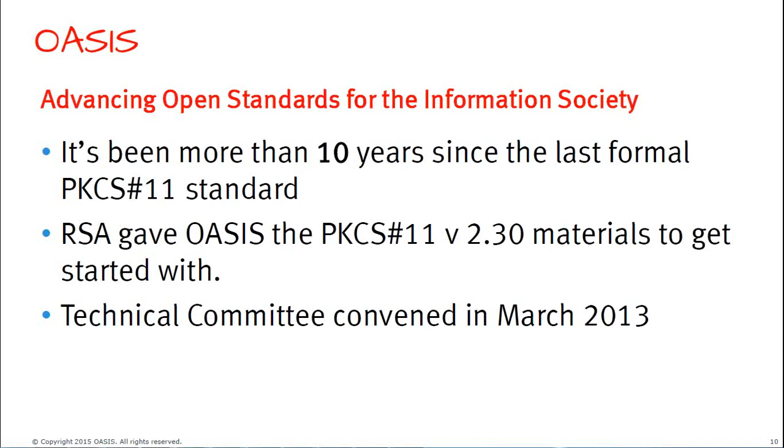We had recognized that OASIS represented really one of the most important standards organizations, and the one that we felt would help us most effectively bring about a strong industry consensus around this standard. It had been more than 10 years since we had 2.20, and so it was very important to get it moving again. And although 2.3 had never been ratified as a standard, the work that we had done in that version, which I'll talk about in just a moment, we felt was important enough to use that as the version that we brought into OASIS.